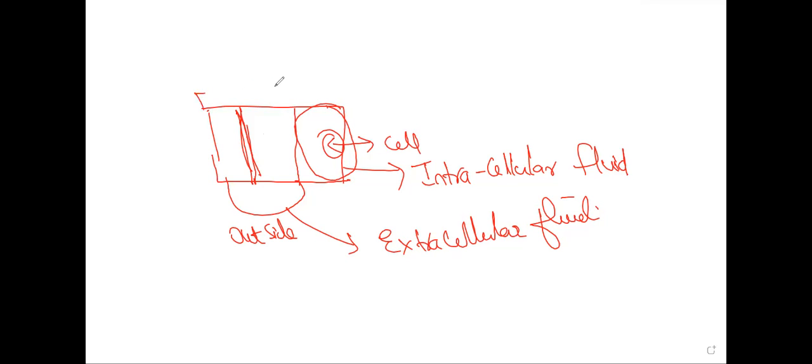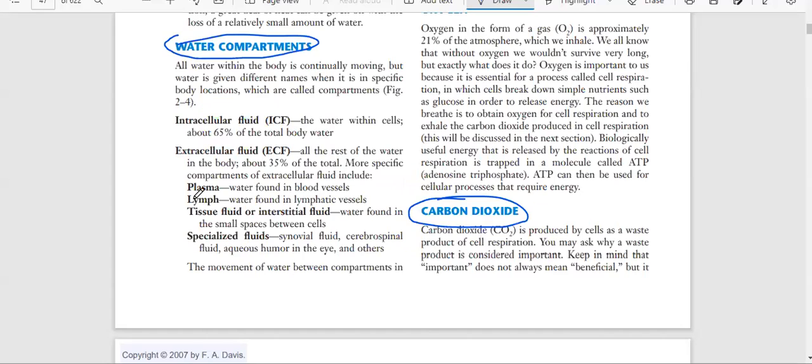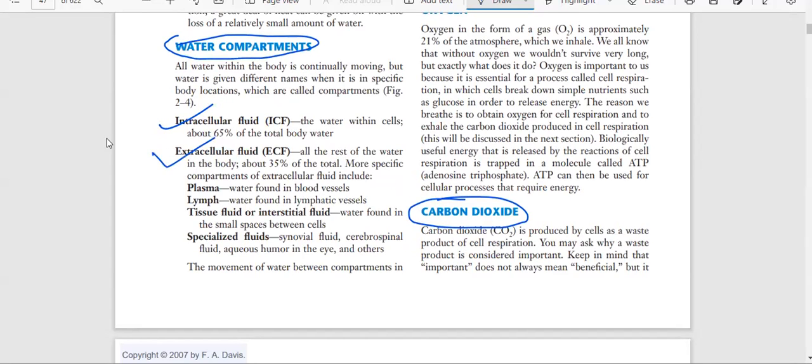So we have two compartments, inside the cell and outside the cell. Understood? We have intracellular and extracellular, and we will name them ICF and ECF.